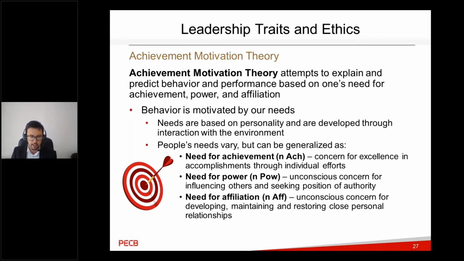People that have a strong need for achievement usually have an internal locus of control. They tend to think that they have control over their own fate, whereas people that have a low need for achievement believe in the role of external factors and their influence on their own life.